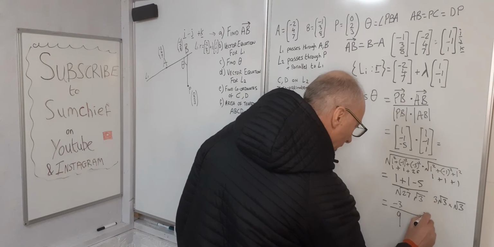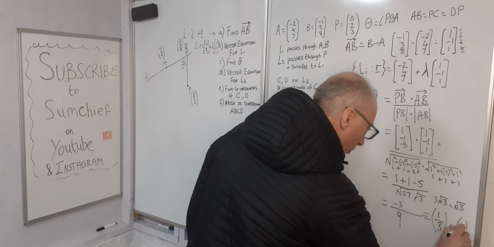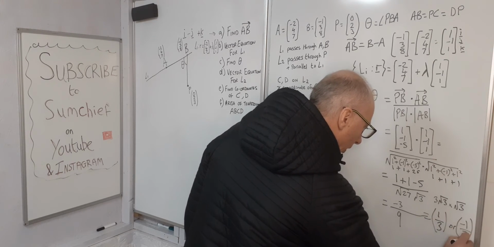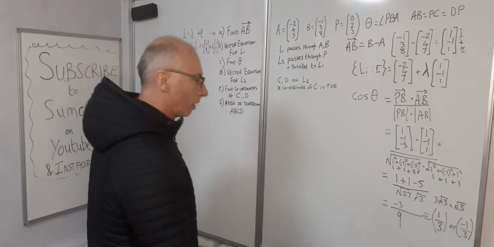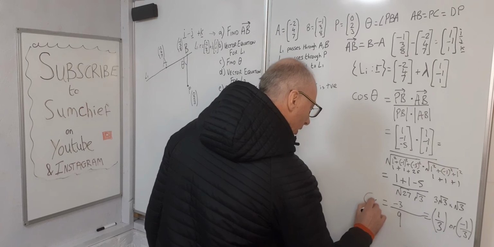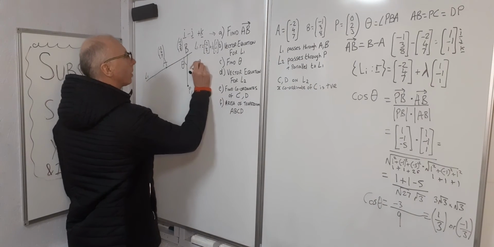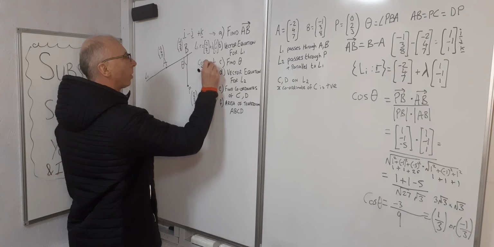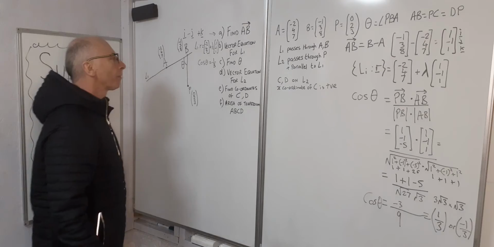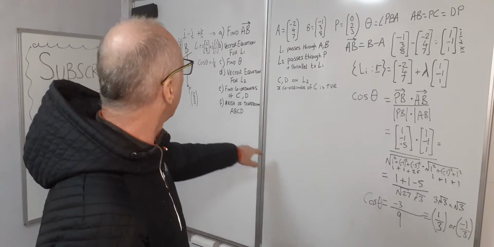So therefore that equals 1/3, or minus 1/3. Okay, so find theta. Cosine theta equals 1/3. Okay, that's good. So that's that sorted.